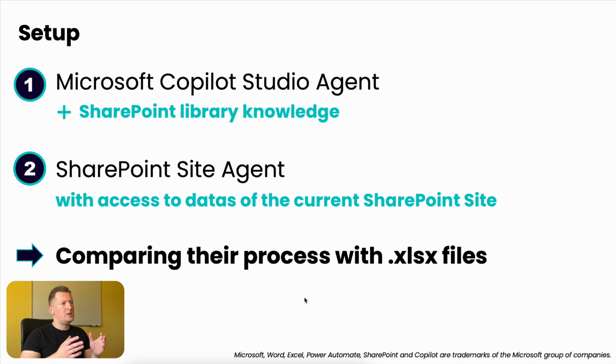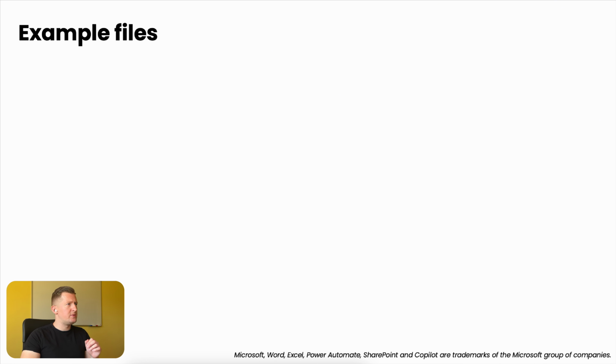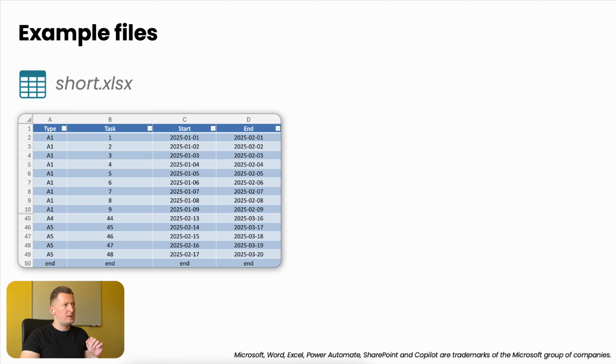What we want to do now is compare their capabilities while processing online Excel files stored in the SharePoint library. The example files we have are Short.xlsx, which is basically an online Excel file with only one sheet and one table on that. The columns are type, task, start, and end dates.